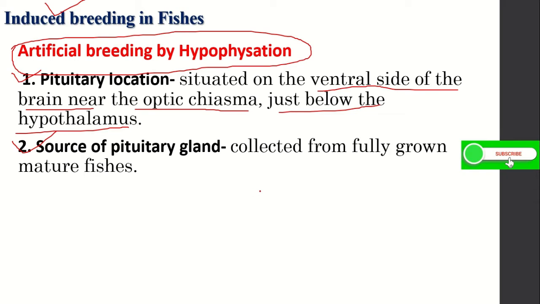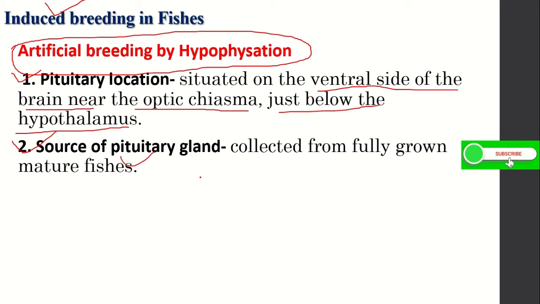The suitable period for the collection of the gland for major carp is from May to July, when the majority of fishes reach an advanced stage of maturity.